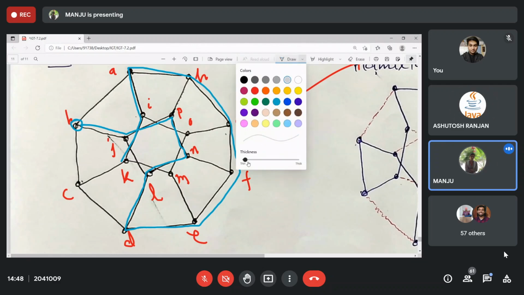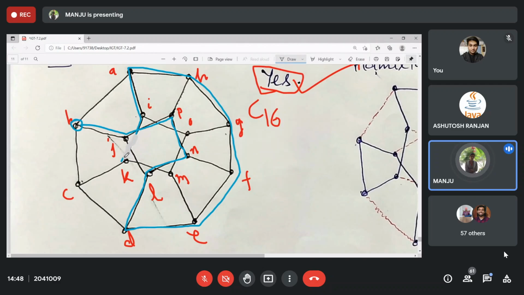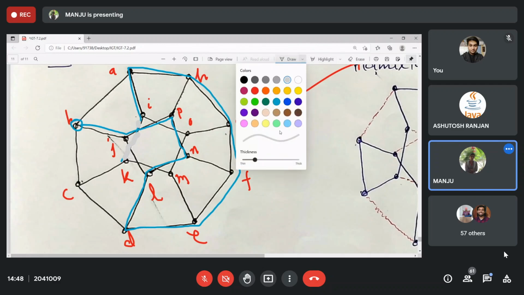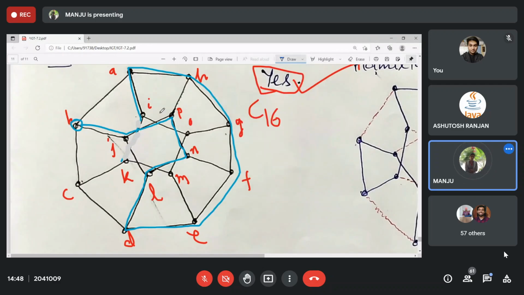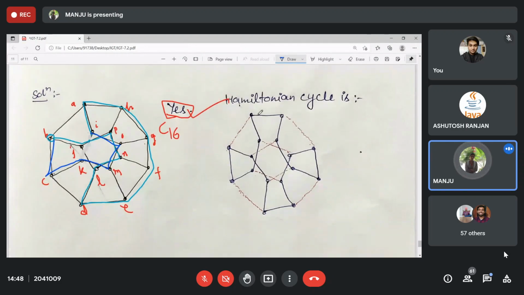This is not there. Yeah. I, then O, then M, N, K, P, C, B. So it is visiting all the vertices. It contains all the vertices. This is your C16, right? And hence your graph is Hamiltonian. Okay.